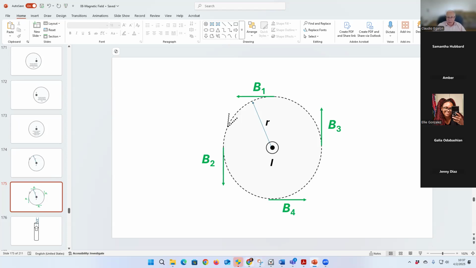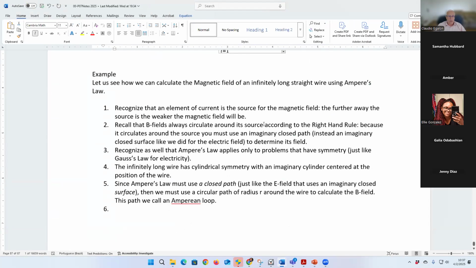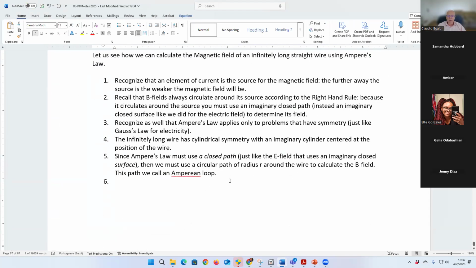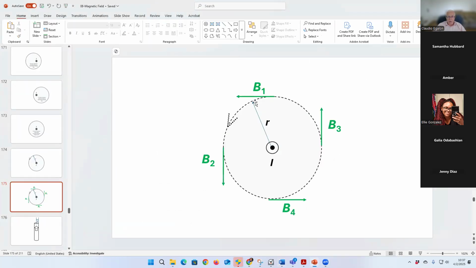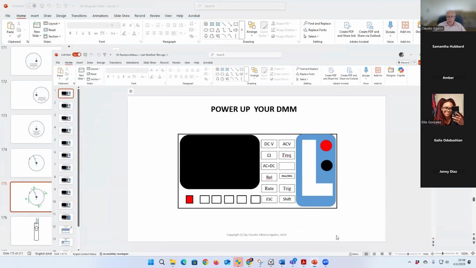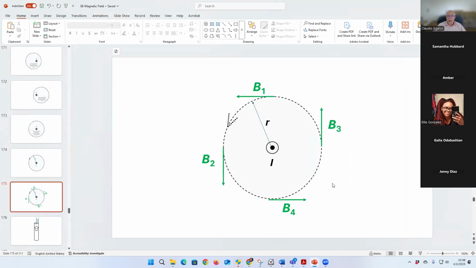Okay. And let's go back to, oh, not this one right here. Let's see here. Okay, it moved. Must use a closed path, just like the electric field, right? They must use a circular path of radius, and we have a radius r here. The loop has a radius r from the center of the source.